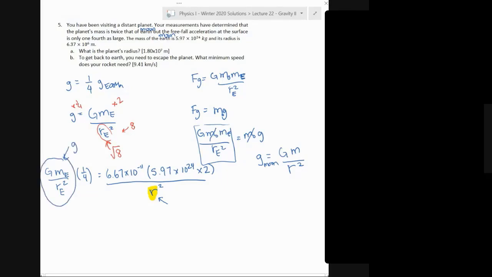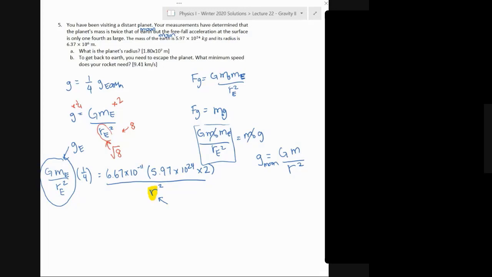So this is the little g of the Earth, and we're saying it's a quarter of the little g of Earth. And what is the new r going to be? So you can do it like that. You know all the values on the left side, and you know everything on the right except for the little r. So it should end up being root 8 times the radius of the Earth when you're done. But you don't have to do it the way I originally did it with the red ink.